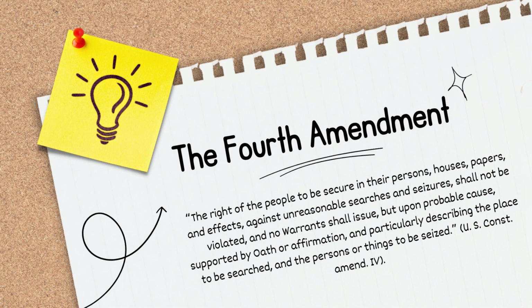The authors of our textbook state that the government obtains much of the evidence used in criminal cases through searches of people's houses and effects and papers, as well as searches of individuals.